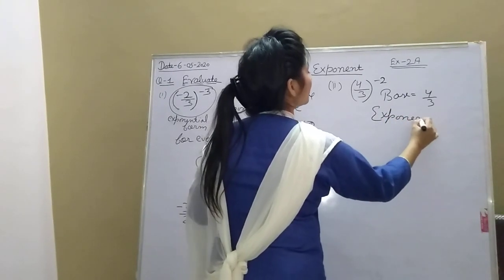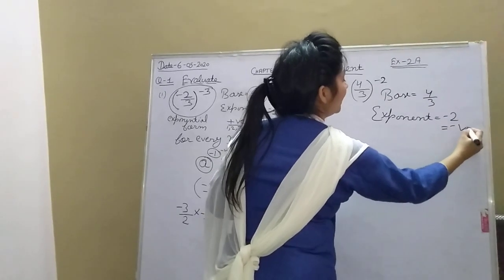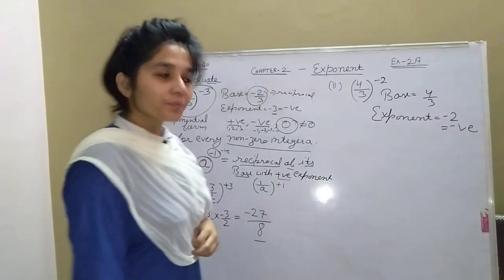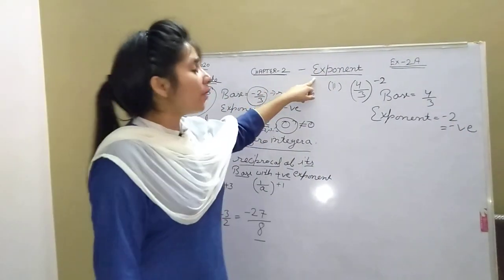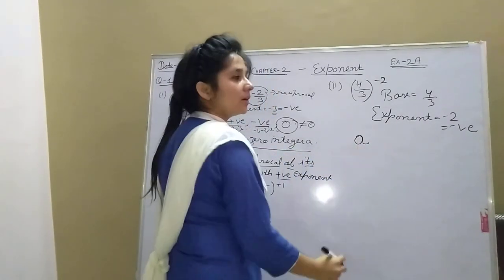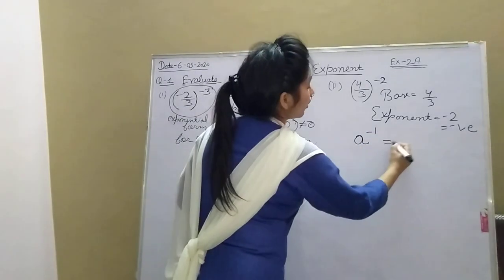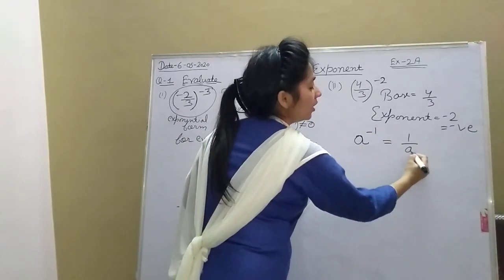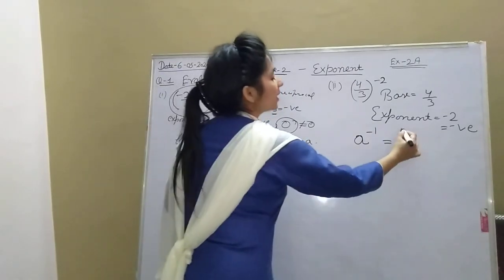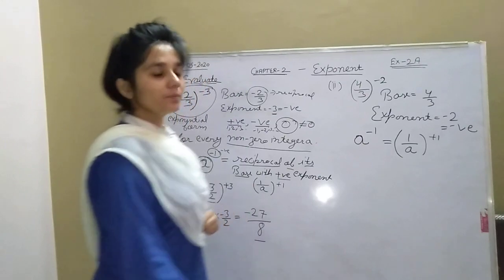Again, same as the second question, your base is 4 by 3 and your exponent is minus 2. Again negative. So applying the law of the exponent, a non-zero integer with a negative exponent is the reciprocal of the base with the positive exponent.